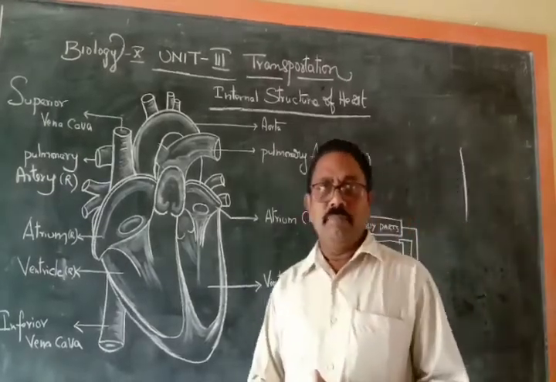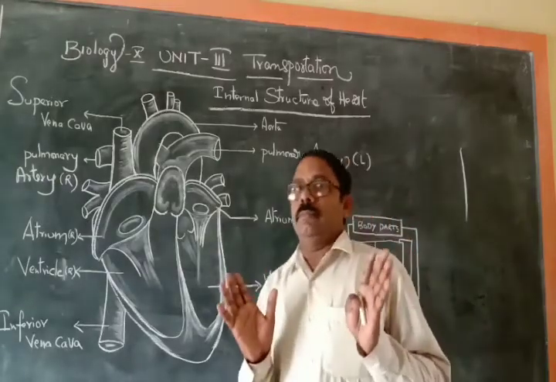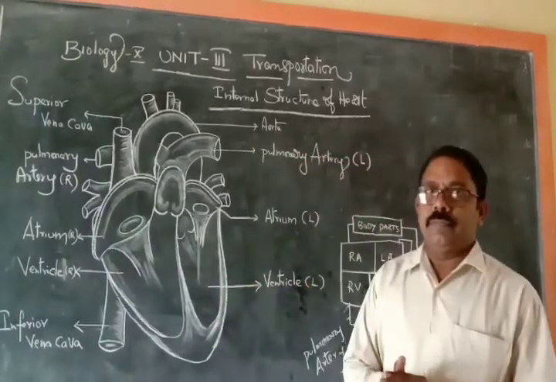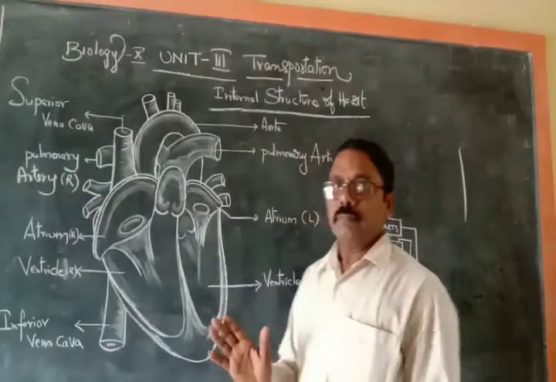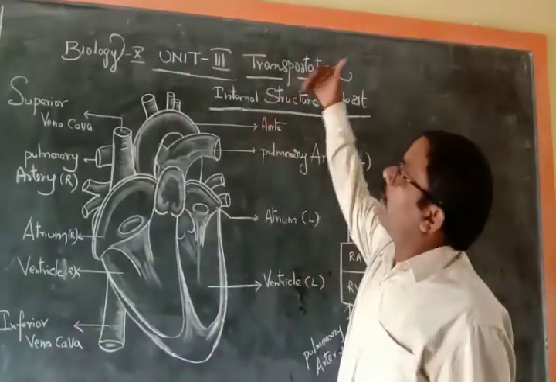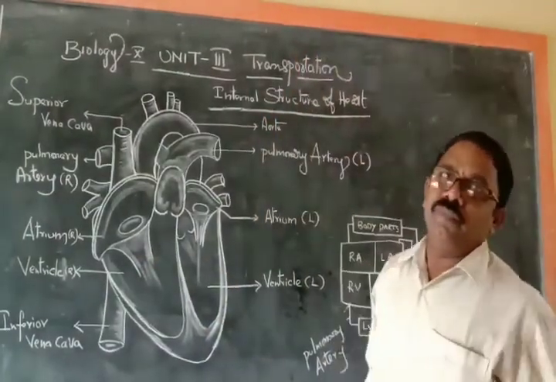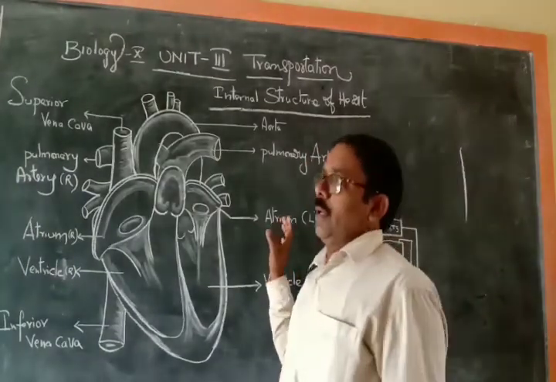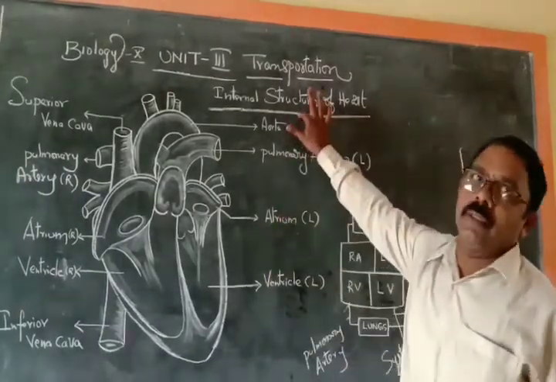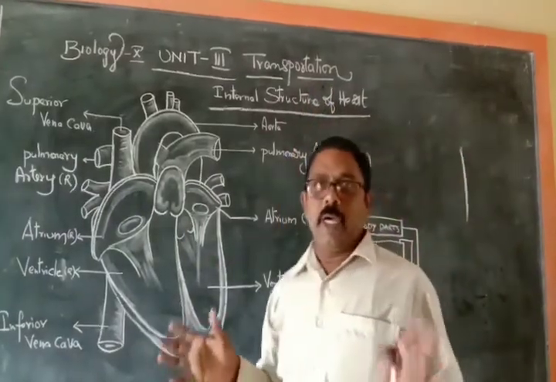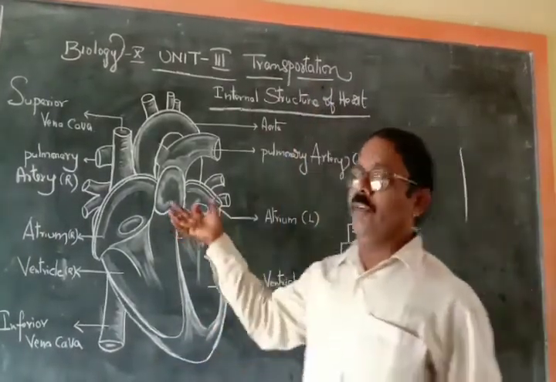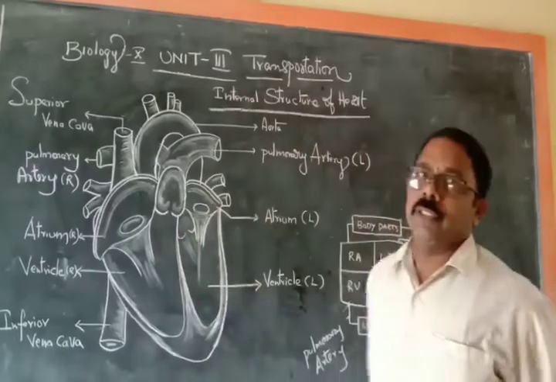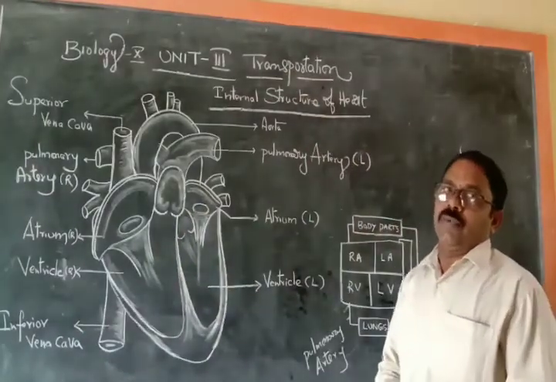The heart has four chambers. Now I am going to the internal section of the heart. As I already told you, the heart is divided into four chambers. How many chambers does the heart have?